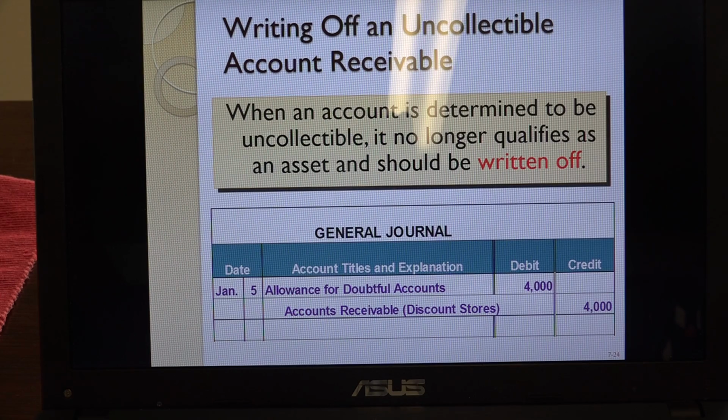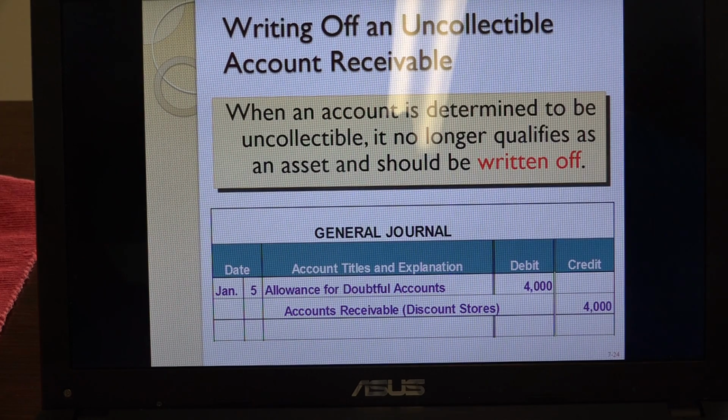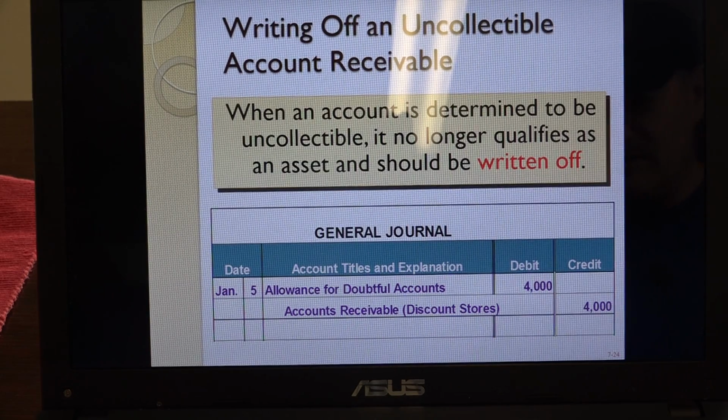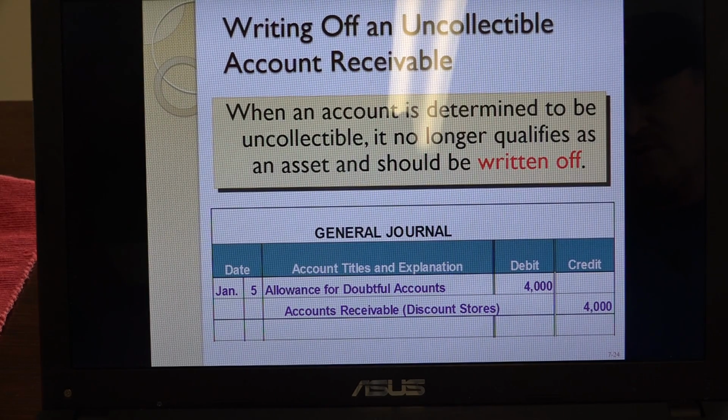And here you've determined a particular account is uncollectible, and so you're going to debit the allowance for doubtful accounts account. That's your contra asset account. That reduces the balance of the allowance for doubtful accounts account by $4,000. It was $10,000. We don't know if there was already a balance in there, but let's assume there wasn't.